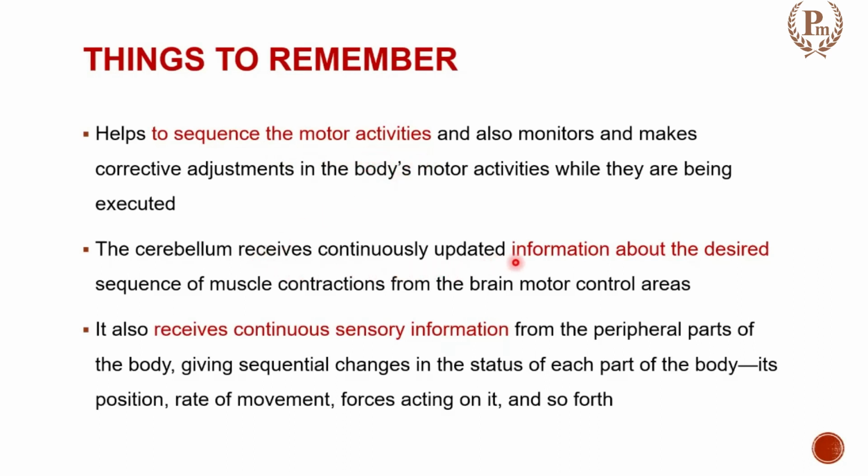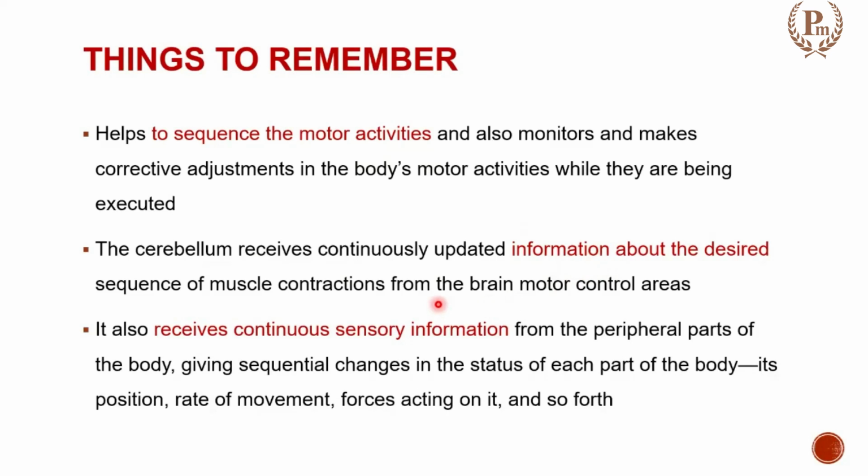The cerebellum receives continuously updated information. What does this mean? It has information as to what the plan is. It has information as to what my body position is. And it also has a copy of what the execution is, what type of activity has been executed.